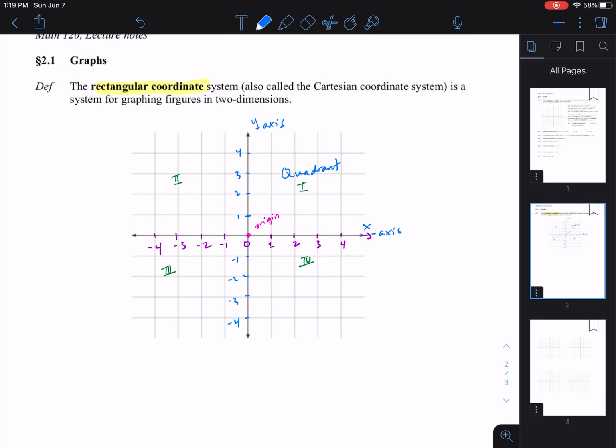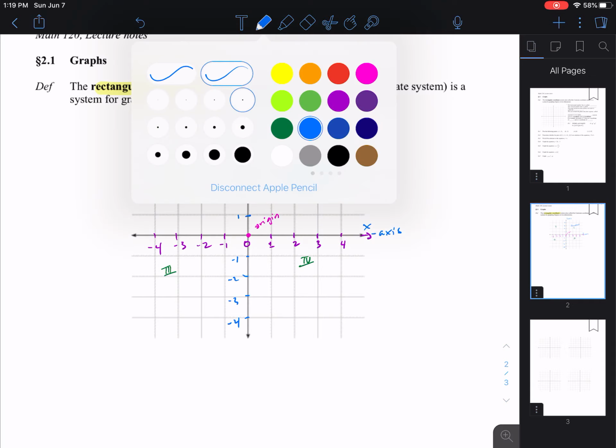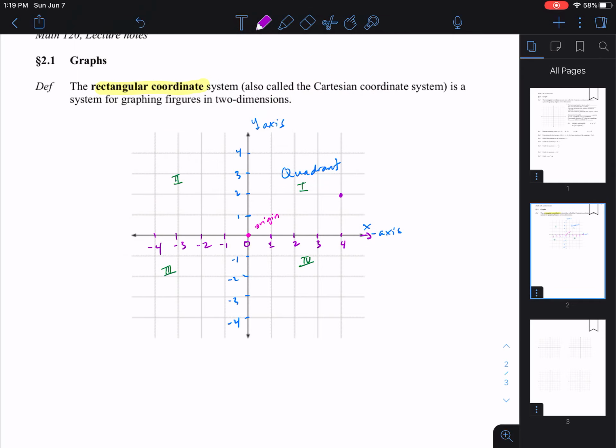So we got the quadrants. We have the x and y axes. We have the origin. This is also how we identify the signs of an ordered pair. So notice that if I do a dot or a point right here, let's say here's the point there.